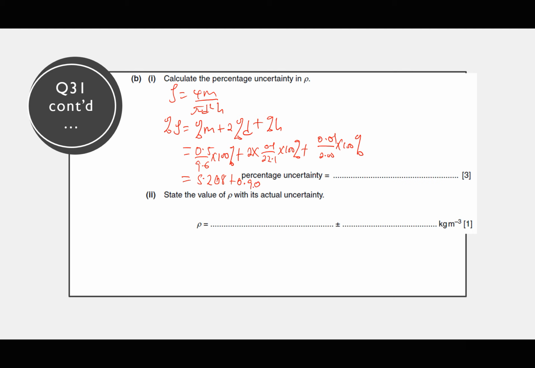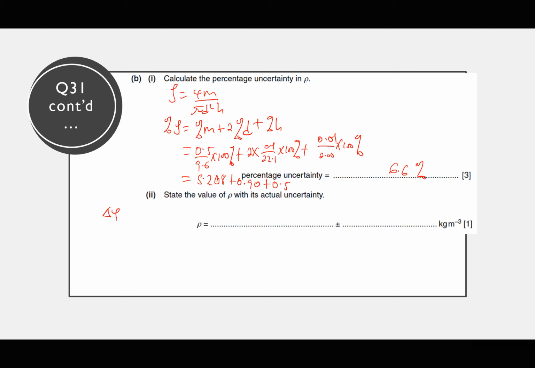Then the other one is 0.01 times 100 divided by 2, so this is 0.5. So when you sum up, you get 6.6%. Then state the value of density with its actual uncertainty.